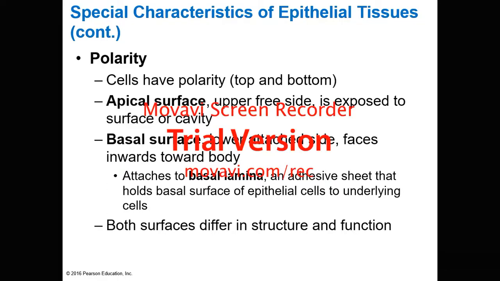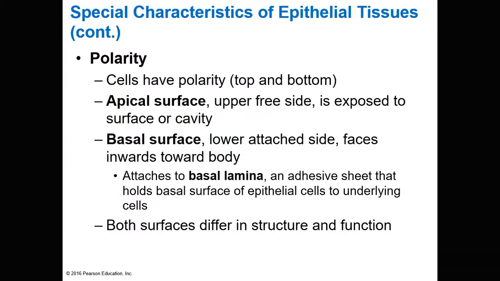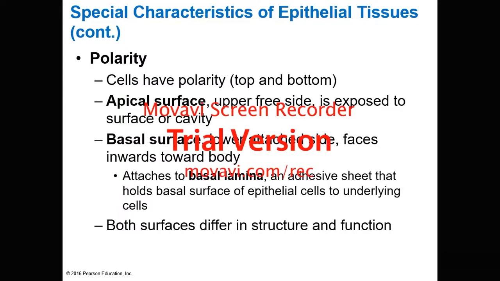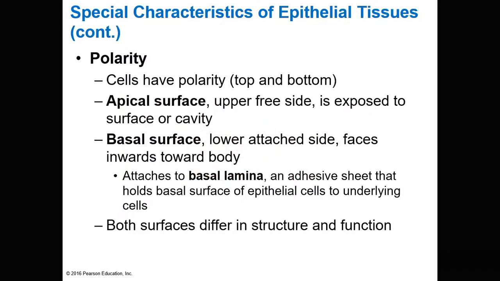The lower attached side faces inwards towards the body and attaches to the basal lamina. The basal lamina is an adhesive sheet that holds the basal surface of epithelial cells to underlying cells. Both surfaces differ in structure and function: the apical surface, the top, is different from the basal surface, the bottom.